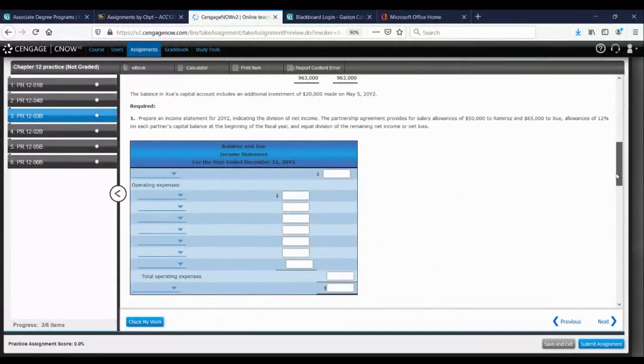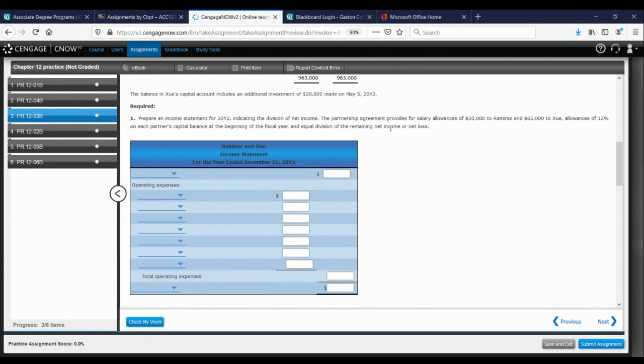So what we're going to start with is preparing an income statement. And in this income statement, we're going to prepare the income statement for the time period of 20Y2. And we're going to also look at calculating the division of net income. And so when we determine the division of net income, we're going to need the following information.